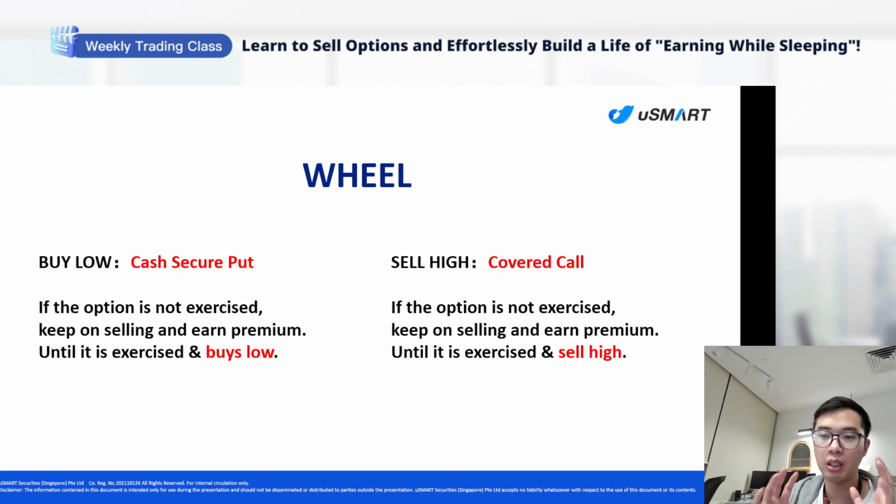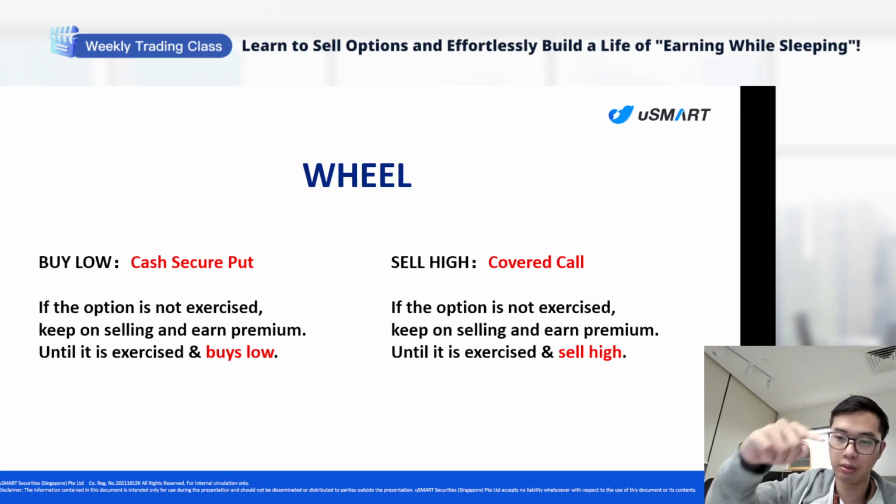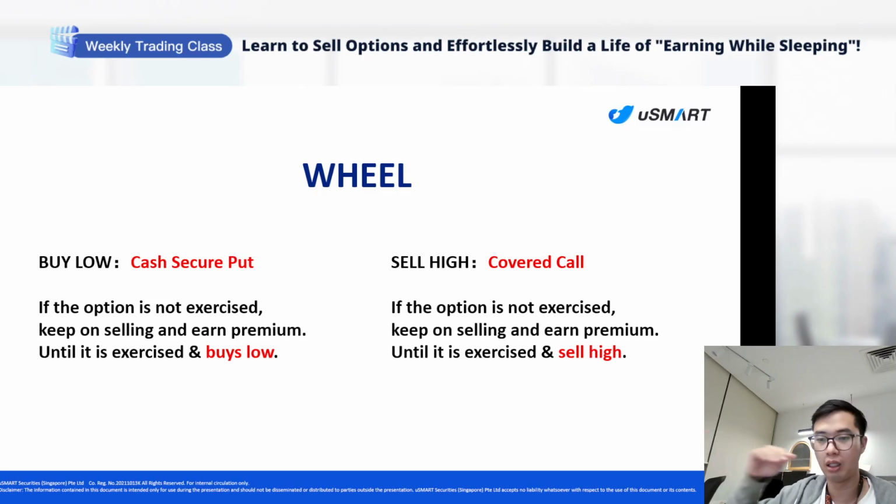This is better used on stocks that you want for the long term and have a lot of confidence to buy. Because sometimes when the price drops and you hit the buy limit, it can still drop. You have to have the idea that you want to buy these stocks at this price and hold them for the long run. So you can keep doing this to churn out extra money, passive income.